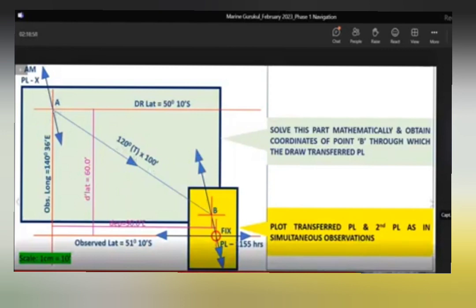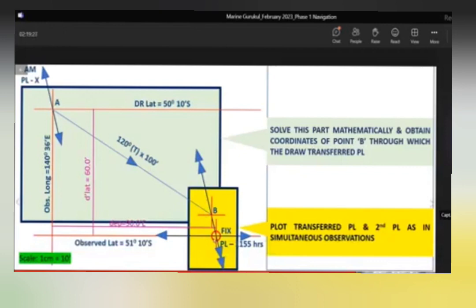So we have transferred this morning's longitude by chronometer PL by using this course and distance, 120 degrees 100 miles, and obtained point B. Now, if you draw a line parallel to the initial PL passing through point B, it will give you a transferred position line, right? Got it up to here? Yes, sir. So that line will coincide with the observed latitude. That will be the fix.